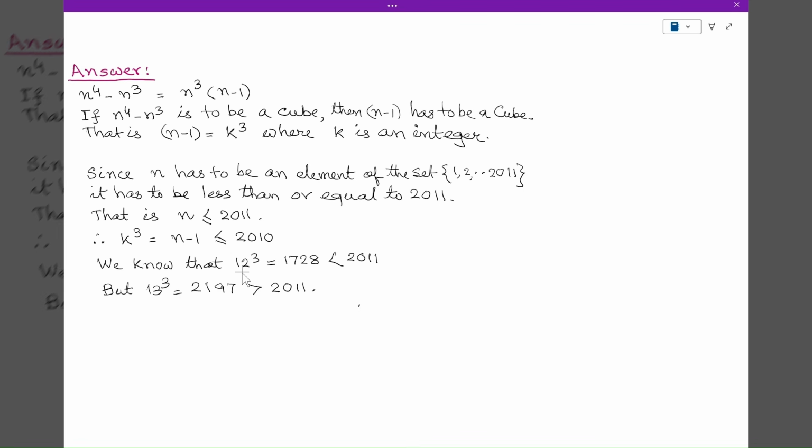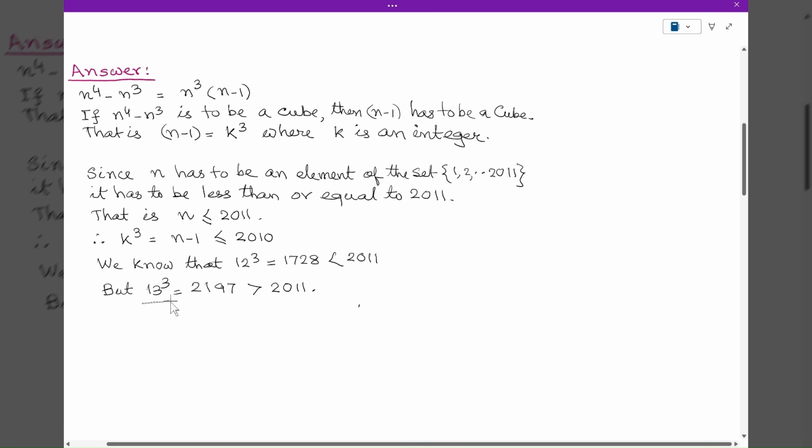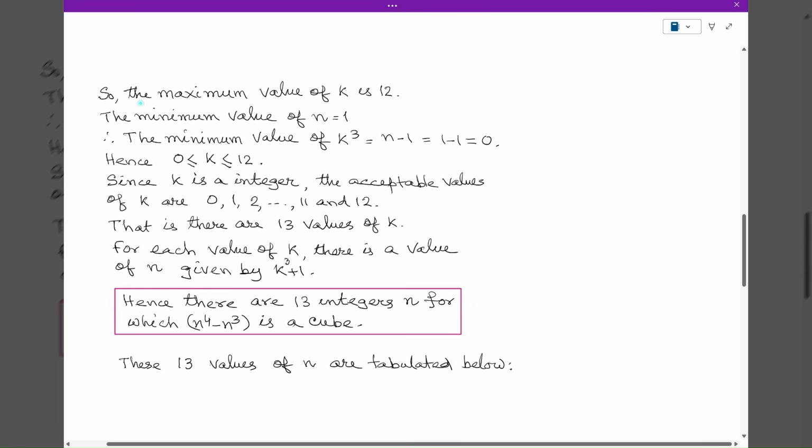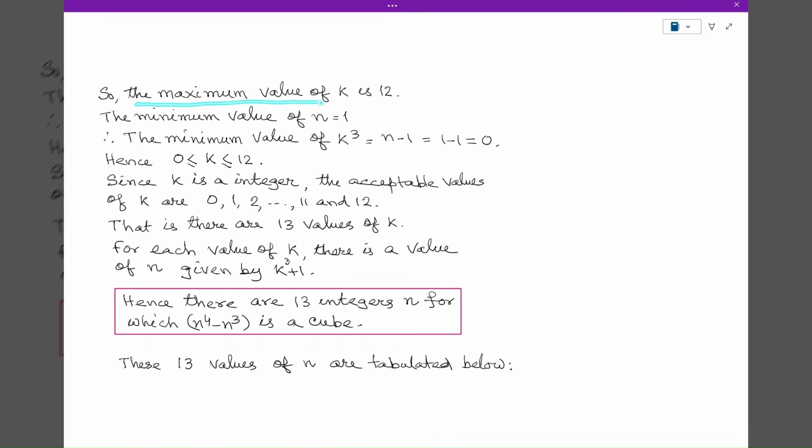We know that 12^3 is 1728, and that is less than 2011. But 13^3 is equal to 2197, which is greater than 2011. Therefore, the maximum value for k is 12.